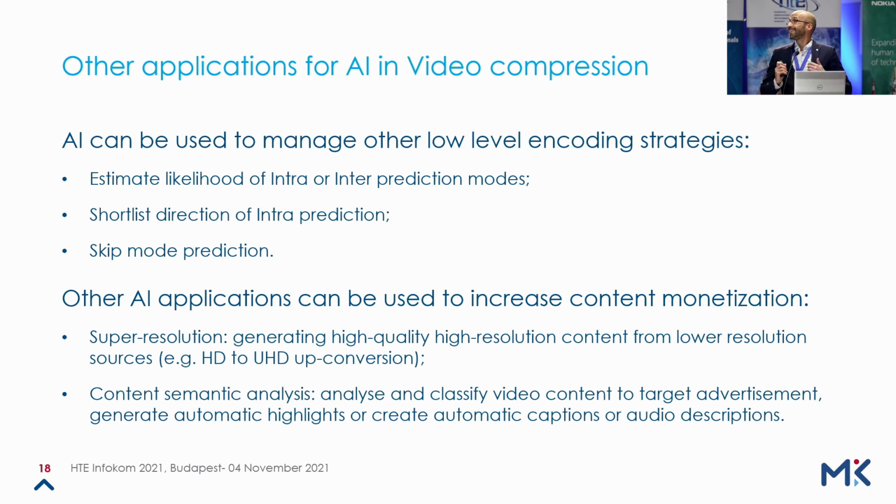And then there's also those other areas we've been exploring where AI is actually giving you a whole new load of applications that can help you monetize your content and create new applications. One of them is super resolution. So in this case, we've been using generative adversarial networks to create super resolution upscales of, for example, HD video.